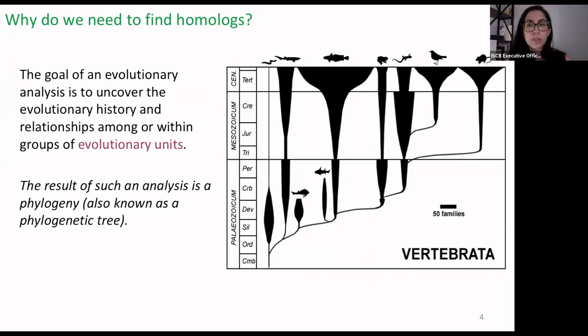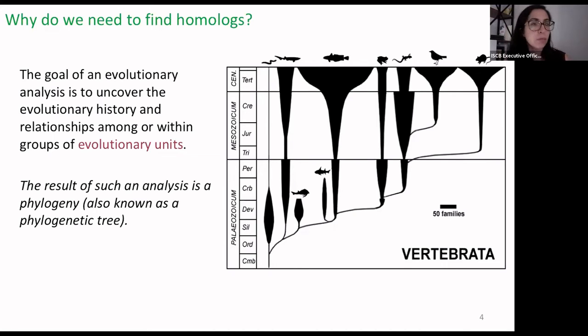So one of the reasons why we need to find homologs is that if we want to do evolutionary analysis, what we really want to do is to uncover the evolutionary history of relationships of different evolutionary units. So we usually use entire organisms as evolutionary units, but the evolutionary unit can also be other things. And this is what we are going to discuss now.